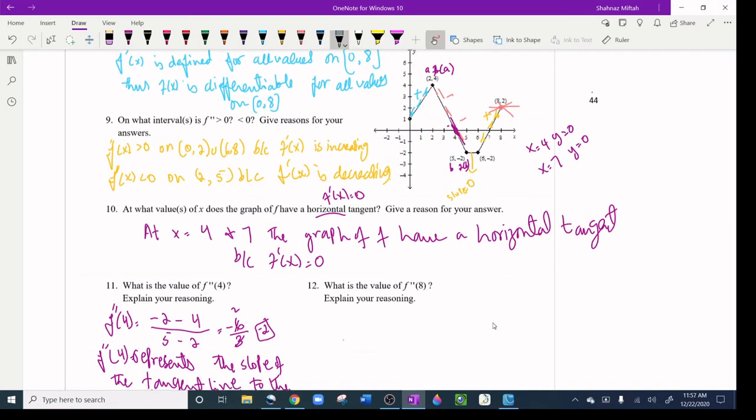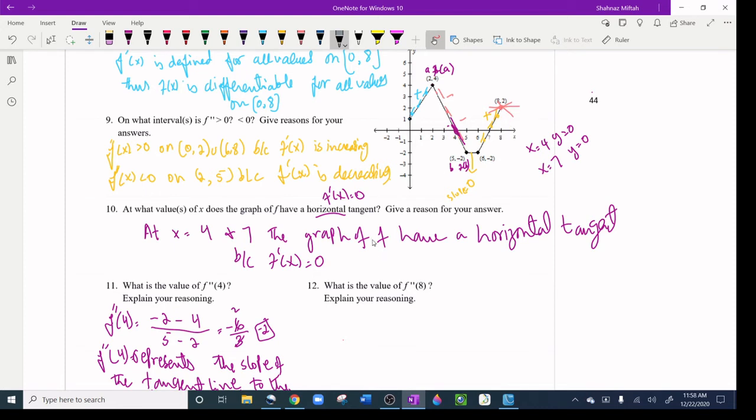Question number 12. What is the value of f double prime 8? Explain your reasoning. Since this is f prime, double prime means I have to draw a tangent line at x equal 8. This is 8, and I drew several tangent lines right there, which means it's undefined.